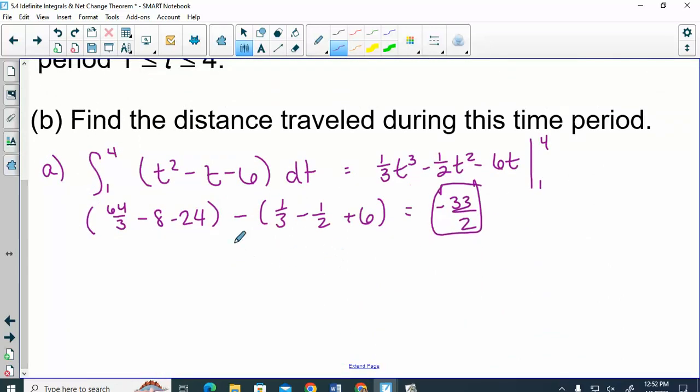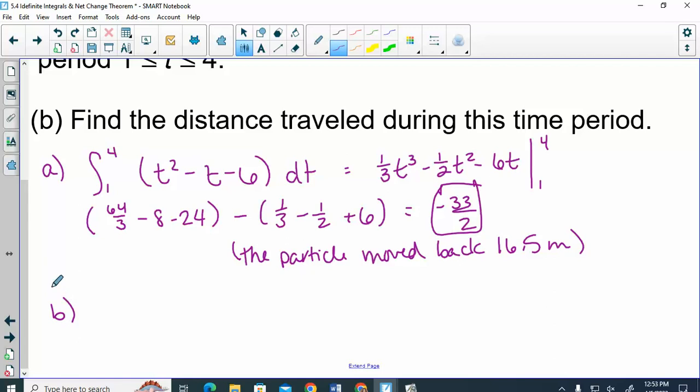All this means is your displacement, the particle, moved back 16.5 meters. Okay, that doesn't mean that's all it moved, but it ended 16.5 meters behind where it started. That's displacement. Now B, I want the distance.